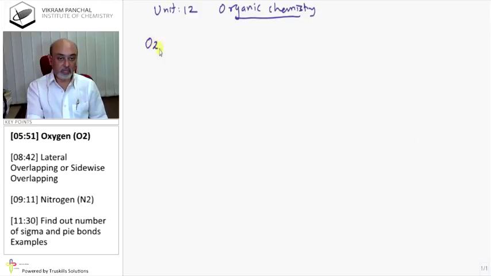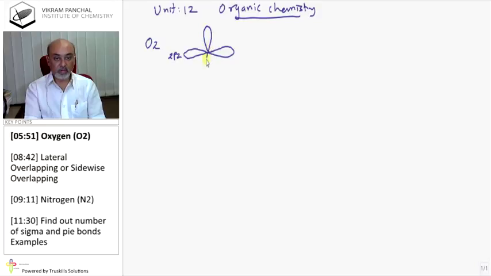Oxygen, O2. Each oxygen has two unpaired electrons in two different orbitals. One is 2pz orbital, which is on z-axis. Another is 2py orbital, which is on y-axis.